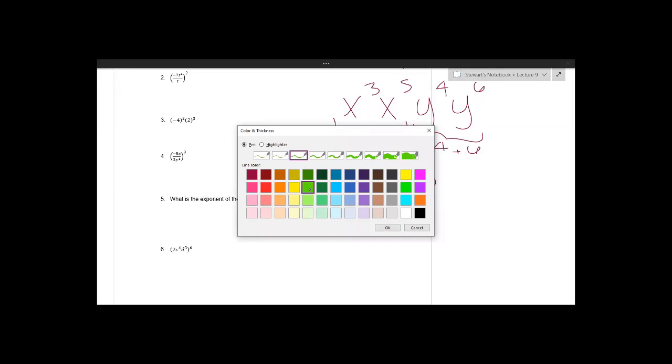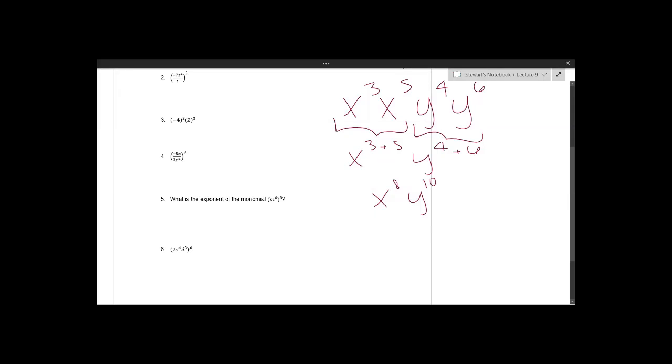And then if you have an expression like a to the 4th, all to the 6th, when you have two exponents connected via parentheses like this, one inside and one outside, you multiply those together. That's the same thing as saying a to the 4 times 6.